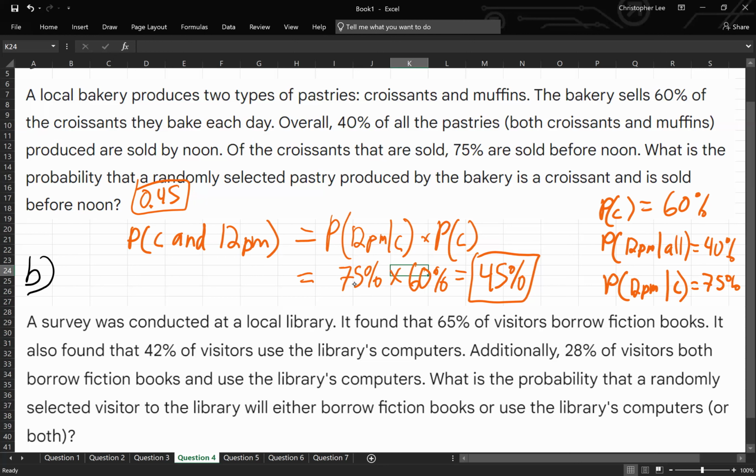And then this one, 40% is everything that the bakery makes, right? That's the part that comes after the given, sold before noon, right? But the 75% is exclusive, right? That one is the croissant, and then it is sold before noon, given that it's a croissant and not a muffin. Something like that. Exactly.